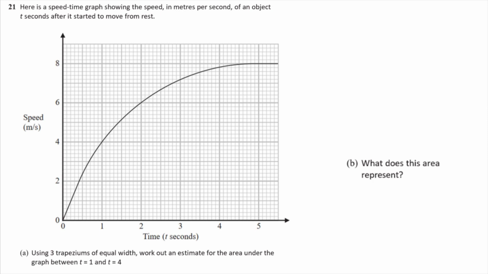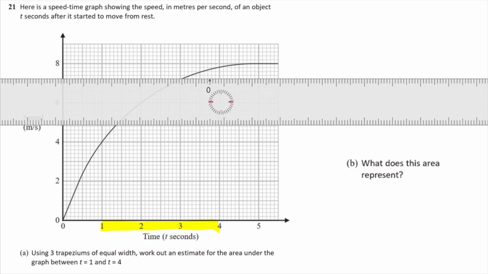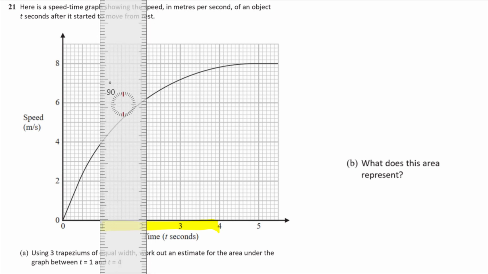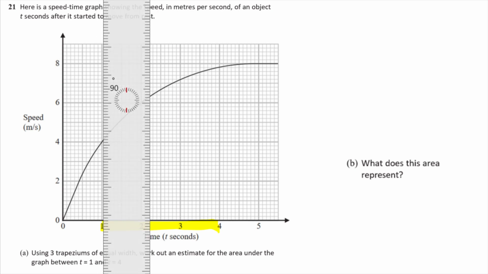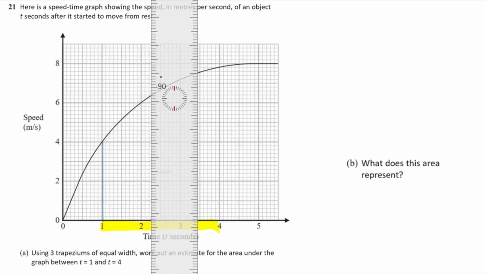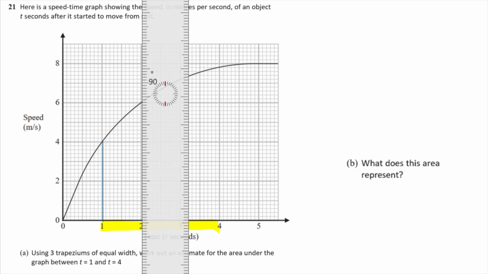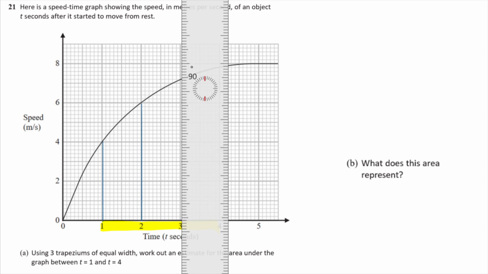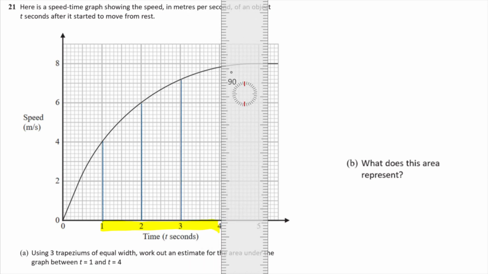Okay, so we need to find the area between here and here, don't we? And we need to break it into 3 trapeziums. So I'm guessing we do it here, here, here, and here.